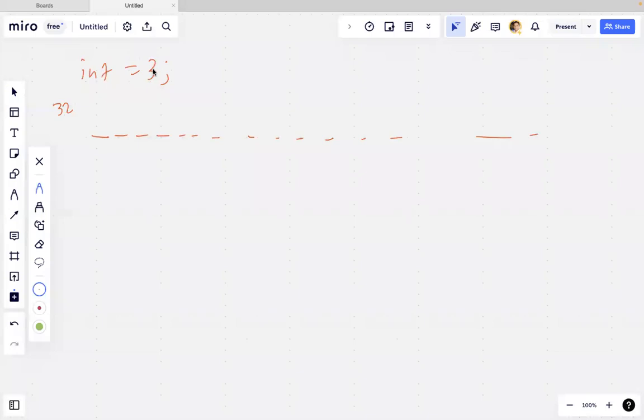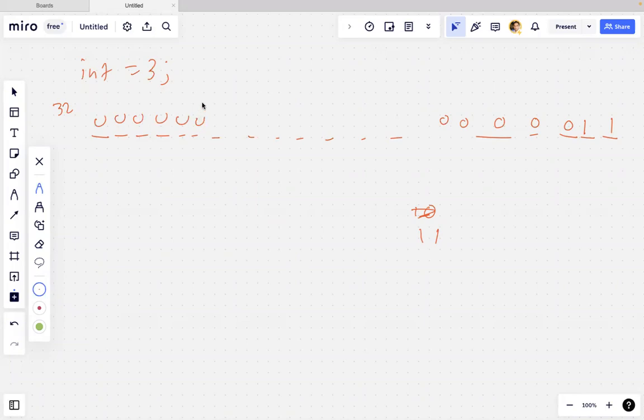So if the value is 3, in the binary form, 3 is 1 1. Here 1 1 and the other leading bits are zeros. This is how you save 3.